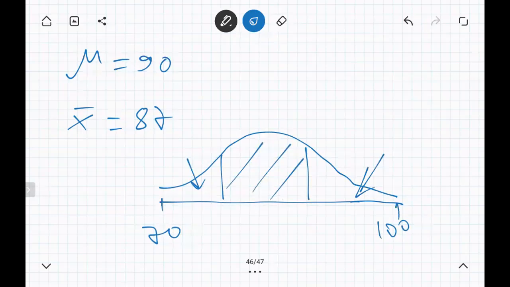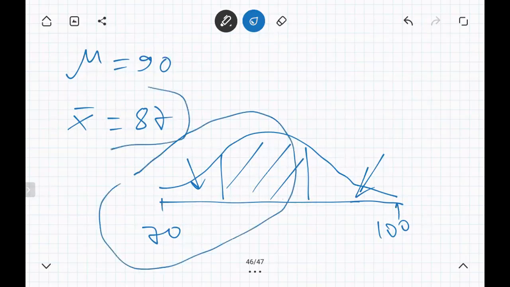And most probably, I took my sample from this part, and that's why the average is lower than the population average. So it's just a sampling error. And it's not because I wanted it to be such way. It's because the statistics, the exact calculations told us that it's a sampling error.